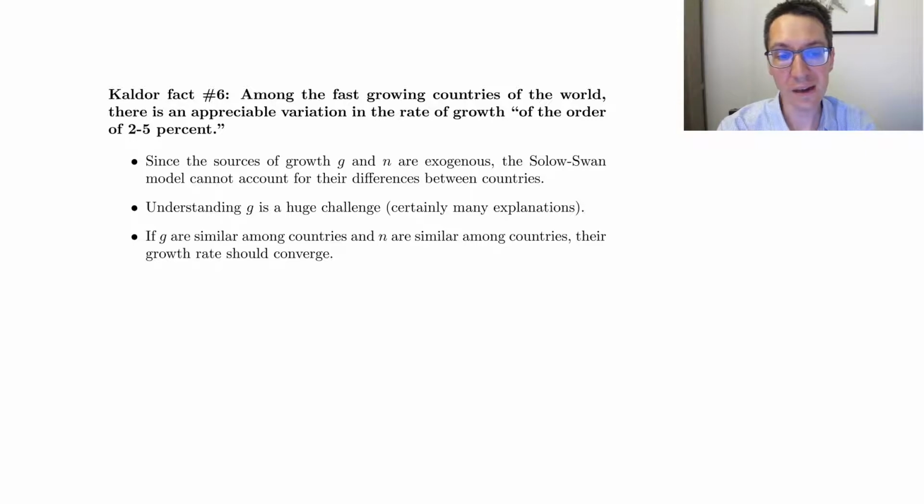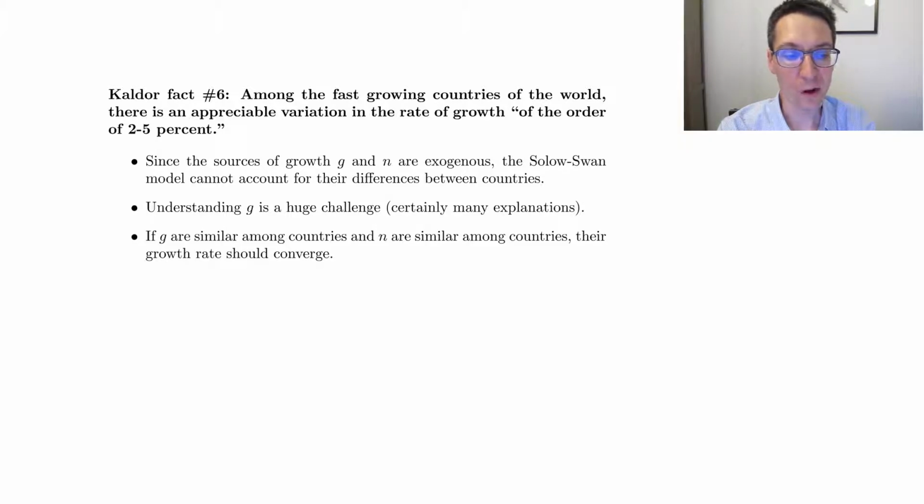Understanding why some countries have a very fast growth in technology while others do not is a huge challenge and may probably have many explanations and is an ongoing area of research in economics. Understanding variations in population growth rate is somewhat easier, and as we're going to see later in the class, we get a good idea why this is the case.